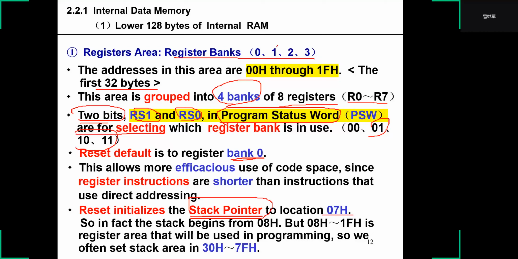The default stack overlaps with banks 1, 2, 3. So if you use bank 1, 2, or 3, you need to change the default stack pointer to another address.